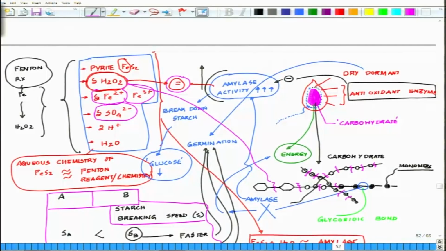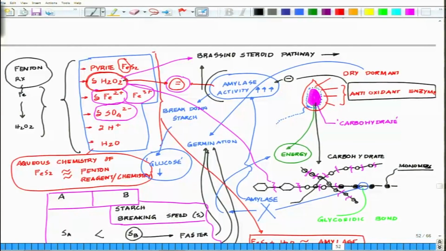That we will be discussing in subsequent classes, but there is one more thing which happens. This hydrogen peroxide, apart from it, possibly activates a pathway which is called the brassinosteroid pathway, which promotes a faster growth.